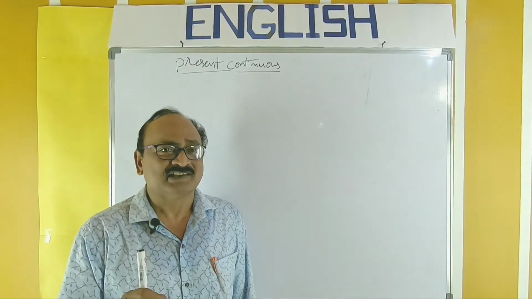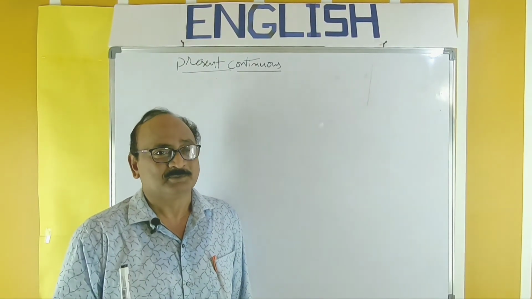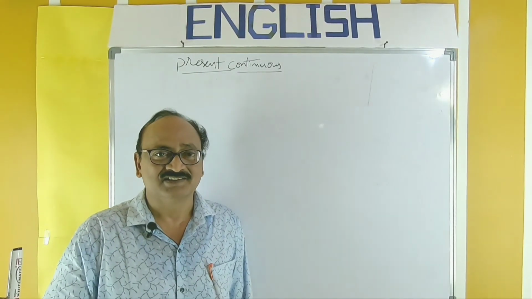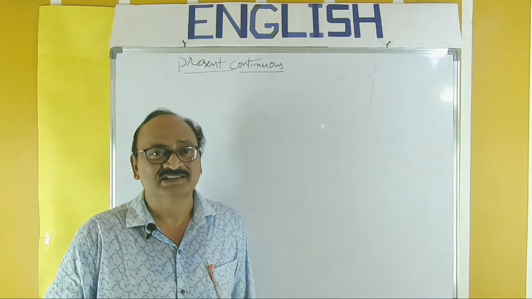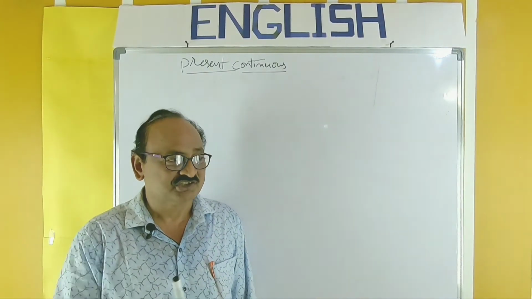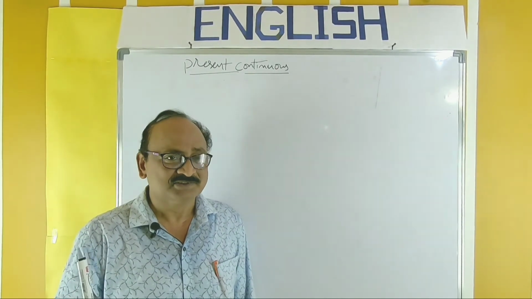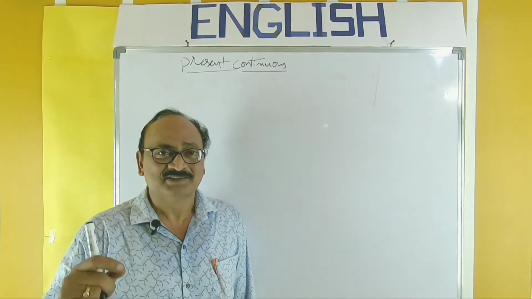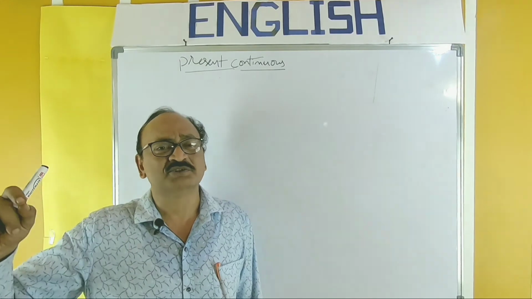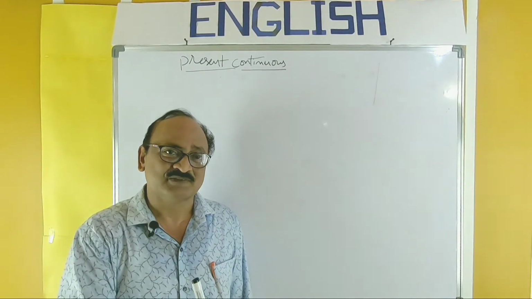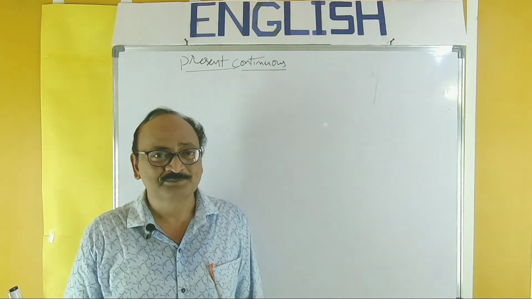Present continuous can be expressed by using many verbs. See, I am writing, we are watching, they are reading, she is cooking, and so on. So, reading, cooking, dancing, watching, and so on. We can use almost many verbs, hundreds of verbs in this present continuous without any problem.